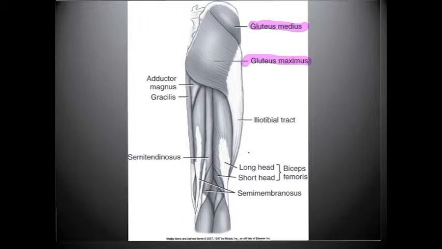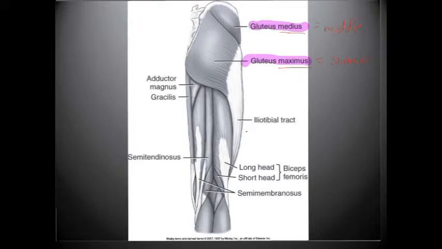In this image, we can kind of understand the relationship with the gluteus maximus and the gluteus medius. If we break the name down, the maximus and the medius, see, medius means middle, while maximus means superior.